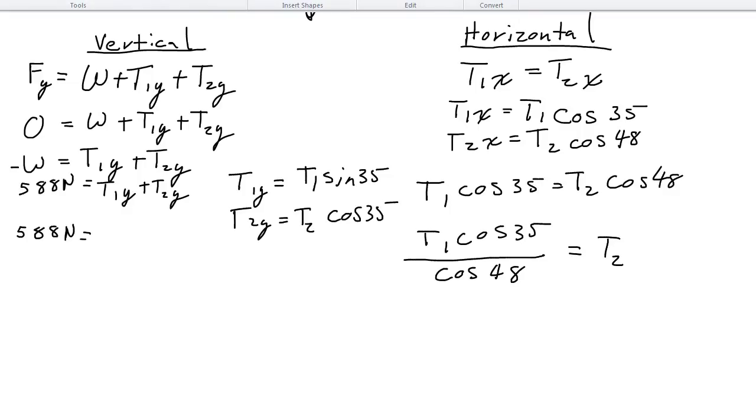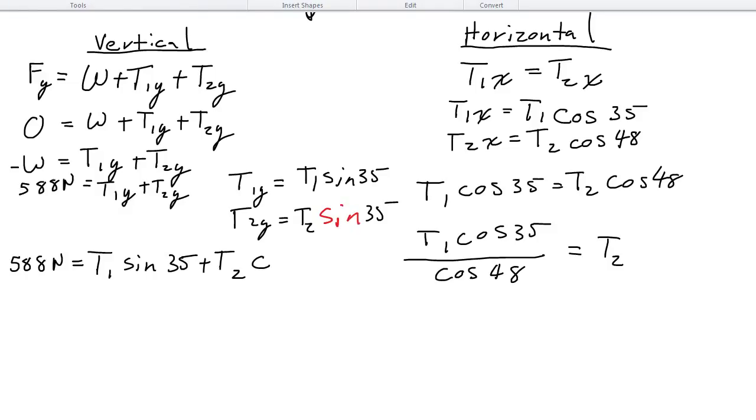Let me give myself some more room down here. So I know that 588 newtons is equal to T1 sine 35 plus T2. I'm sorry, that was a mistake. I shouldn't say cosine, I should have said sine.